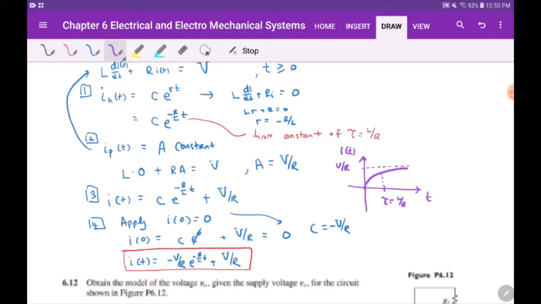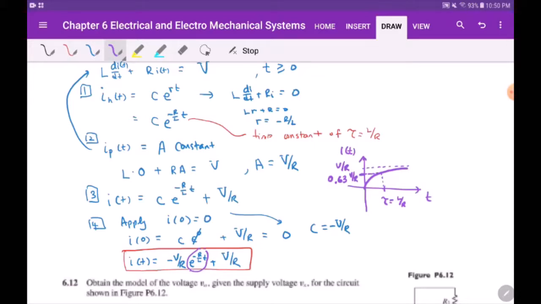This number used to be 1 at time equal to 0, and it becomes 37% at tau. What that means is this value right there will be 0.63 of V over R.